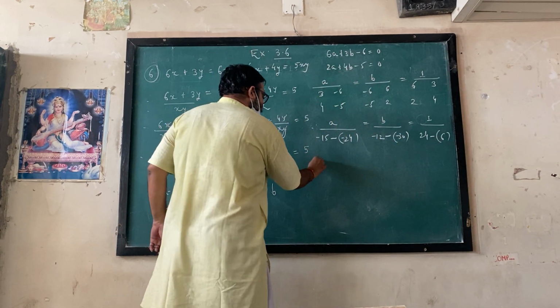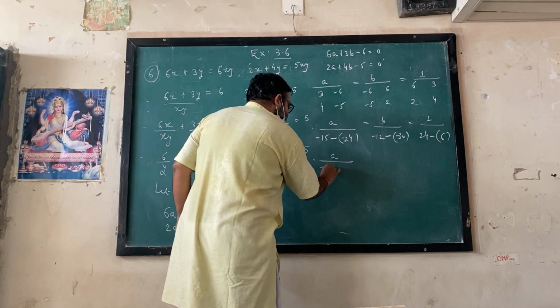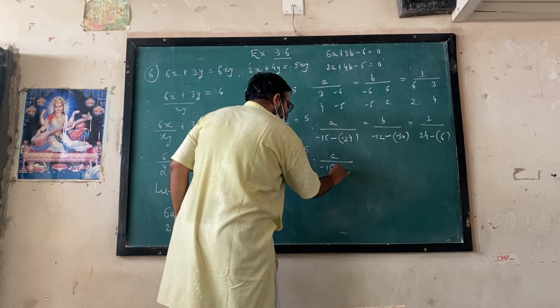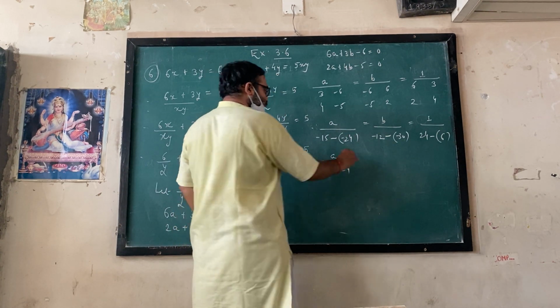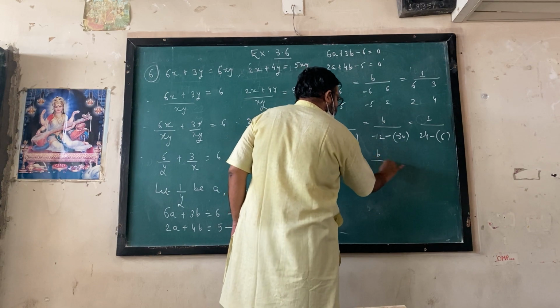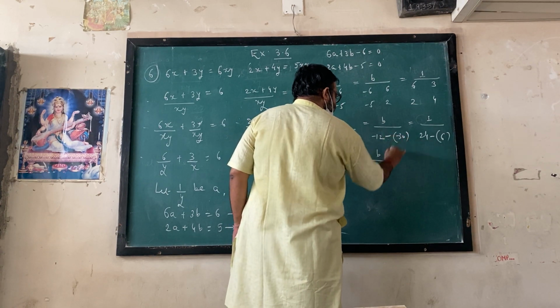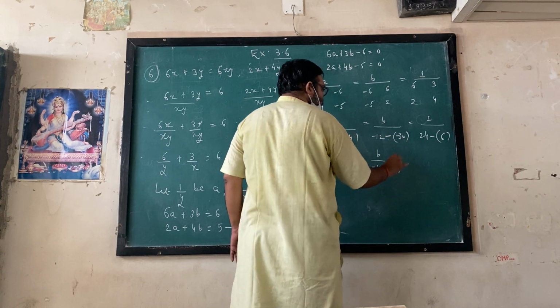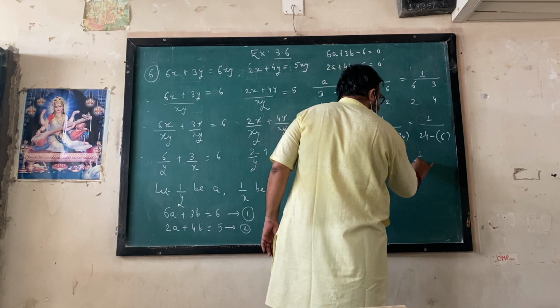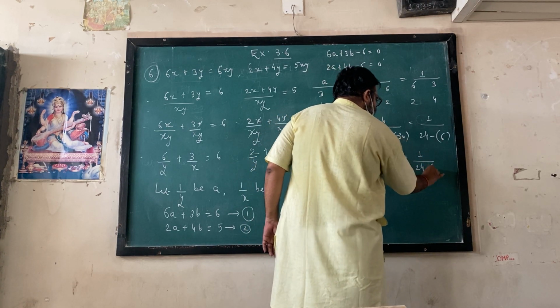So now a upon minus 15 minus plus 24 is equal to b upon minus 12 minus plus 30 is equal to 1 upon 24 minus 6.